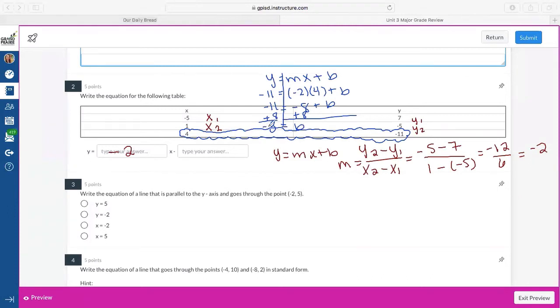Negative 3. Not bad. Negative 3. But if you notice here, it already says minus, so just put 3. Is that 8 negative? Well, yeah. Negative. But then we added 8 to get rid of it. Thank you, Jada.